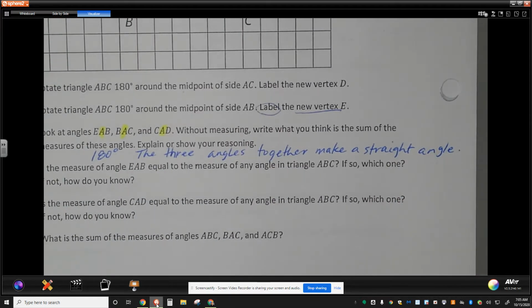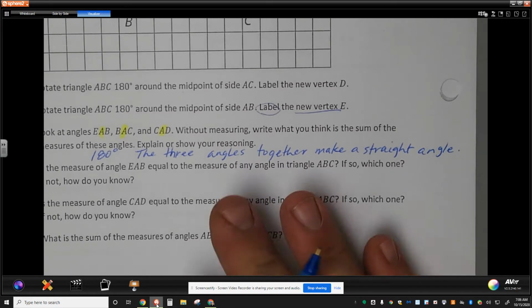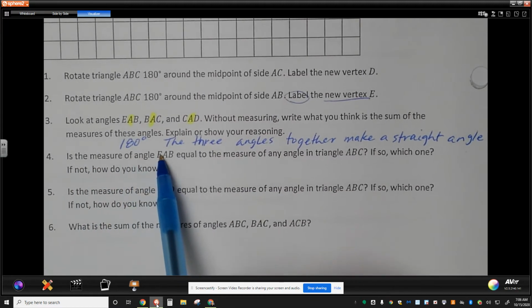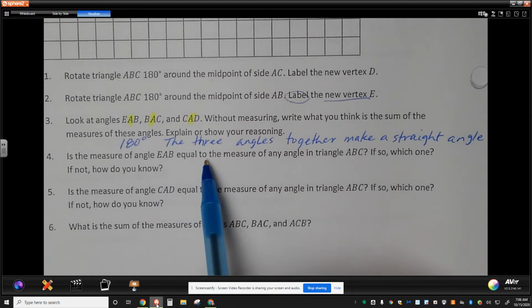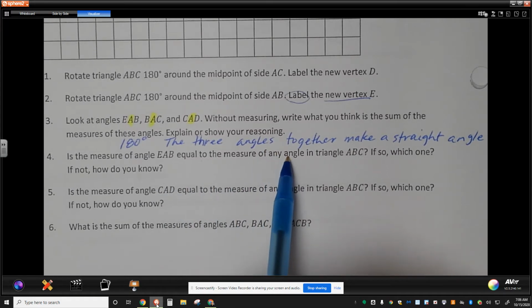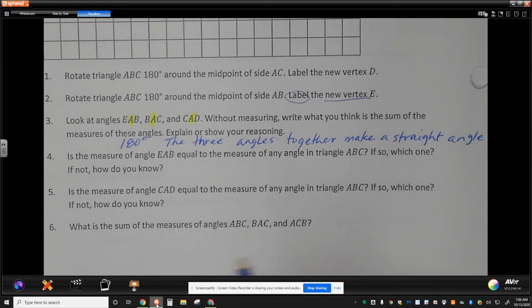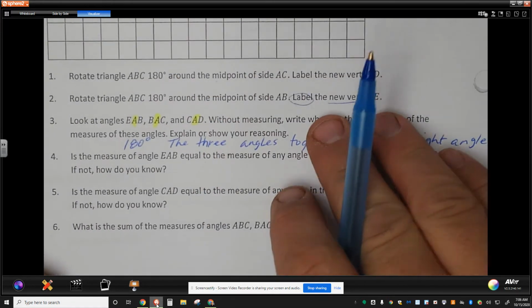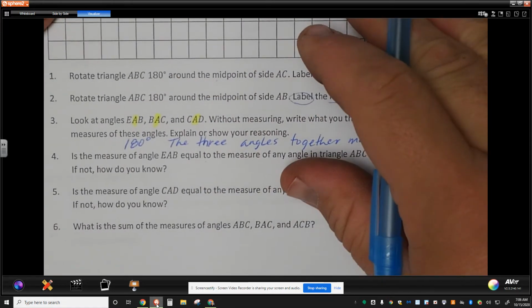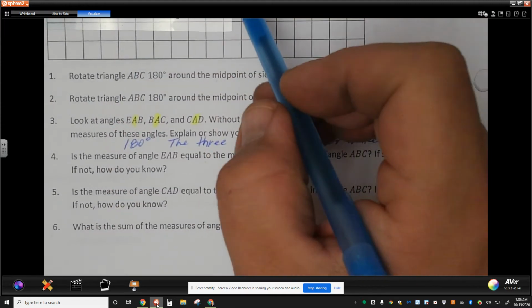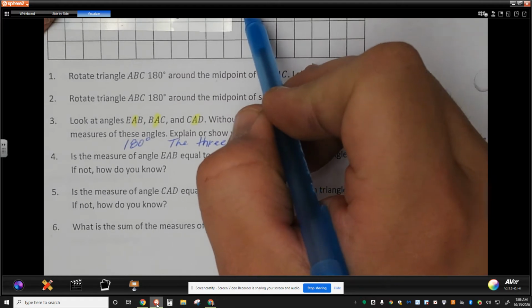Now, is the measure of angle EAB equal to the measure of any angle in triangle ABC? If so, which one and how do you know? As I look at this and I look at angle EAB, we know that this triangle was made by rotating the original figure.